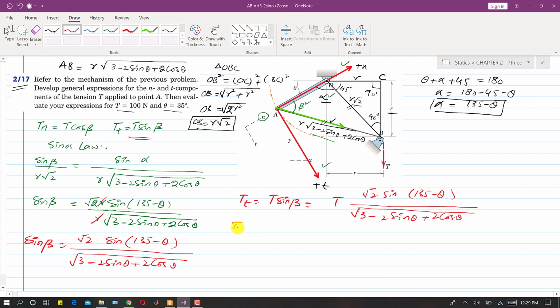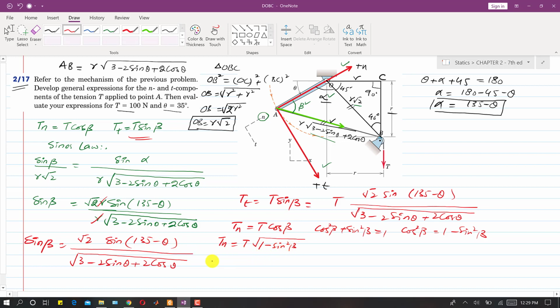Similarly, Tn is equal to T cos of beta, right? Since cos squared beta plus sin squared beta is equal to 1, cos squared beta is equal to 1 minus sin squared beta, and cos beta will be the square root of 1 minus sin squared beta. So Tn is T times the square root of 1 minus sin squared beta.